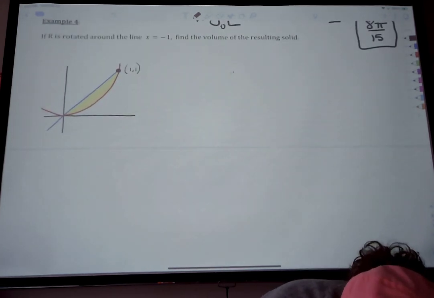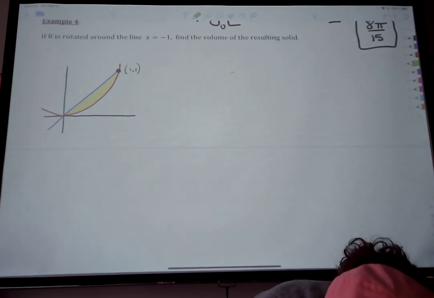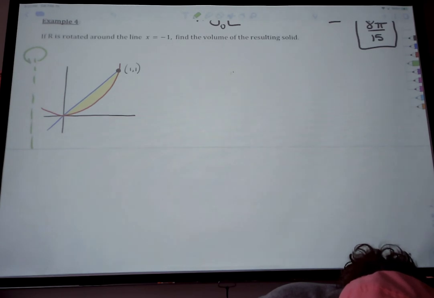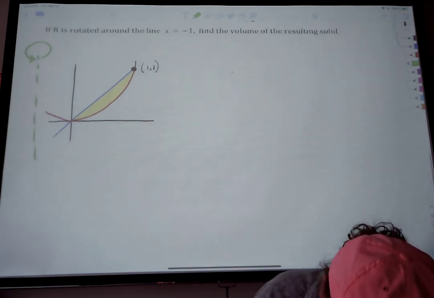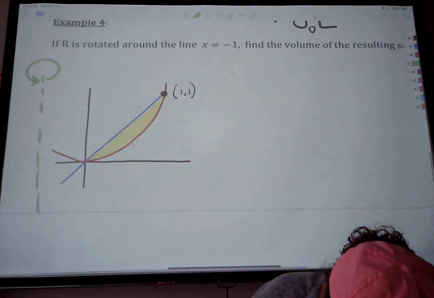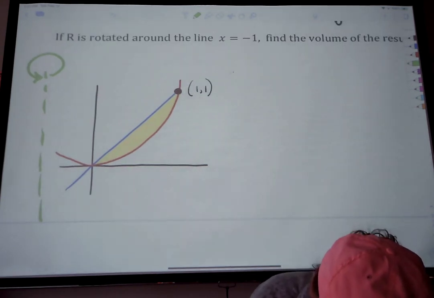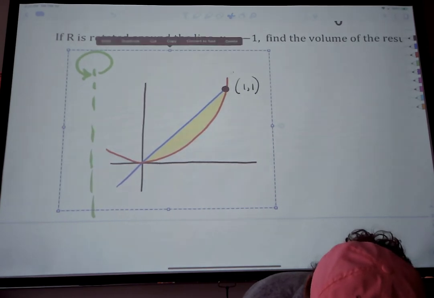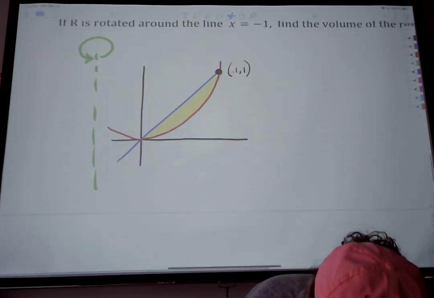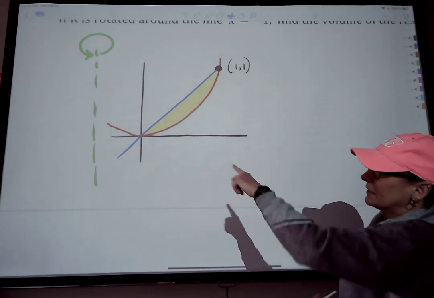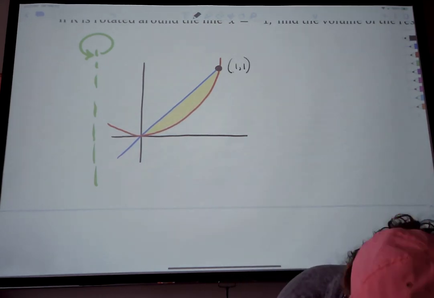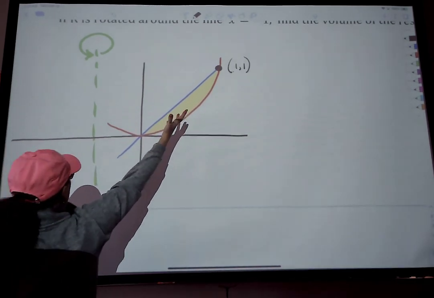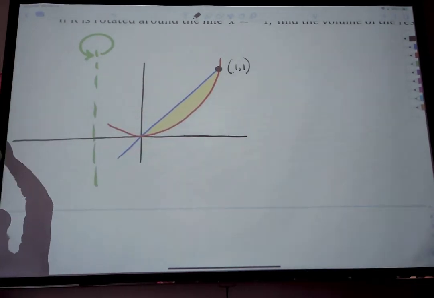Okay, last one. X equals -1. So I've drawn the line x equals -1, and I'm sending this banana, again, it's going to make a big, wide, swooping circle like this.